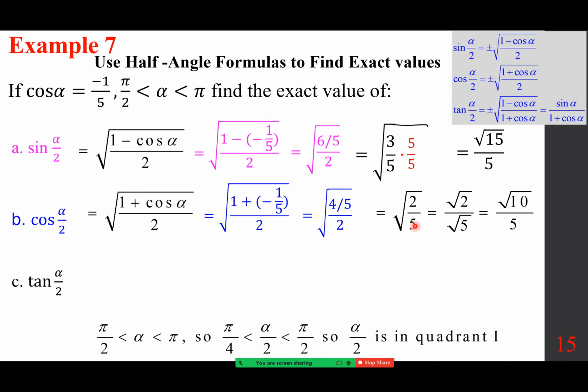And simply put, you can multiply by square root of 5 over 5. The best course of action is to just show that right here. We're going to multiply by square root of 5 over square root of 5. The denominator comes out as 5 and the numerator becomes 10.